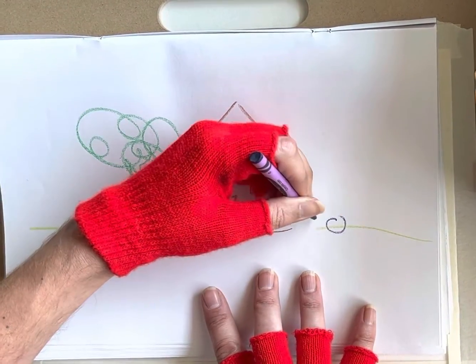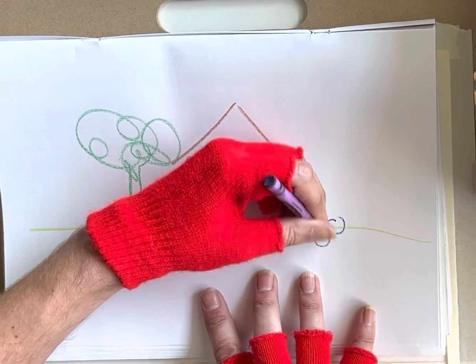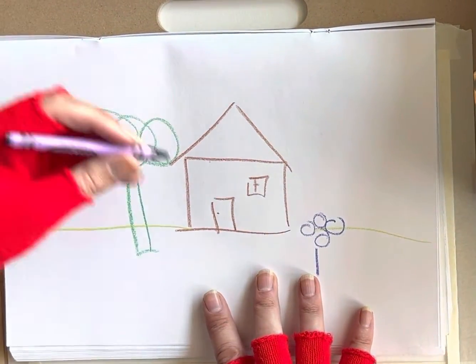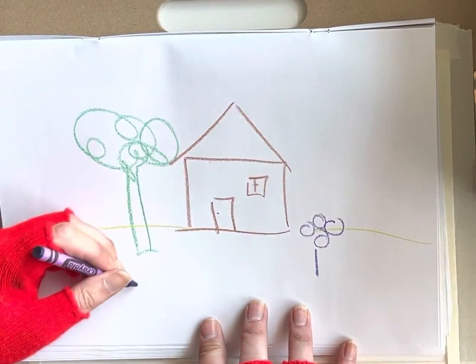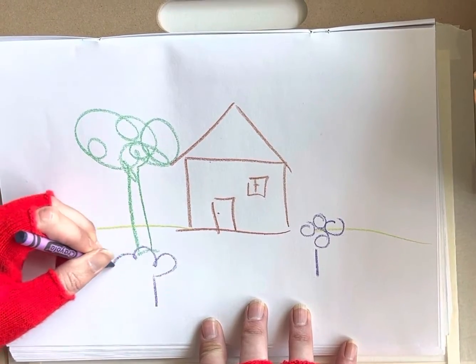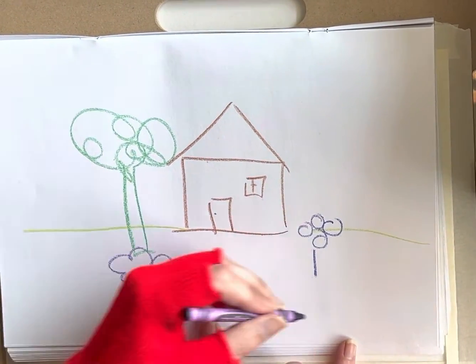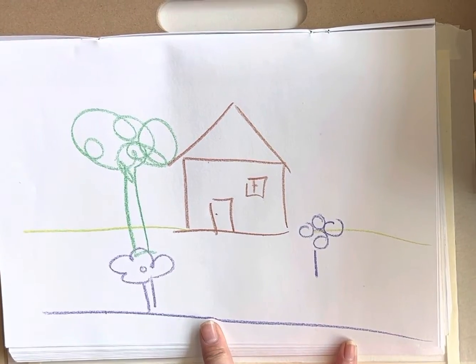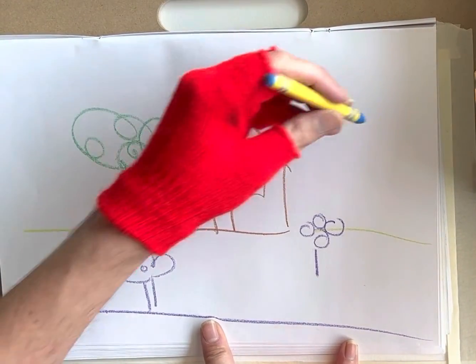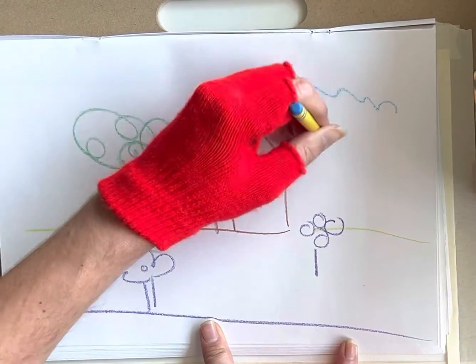So we go like this, this, this, and a line, and maybe this, and a line. And then we need something like clouds in the sky, so we're going to do some clouds.